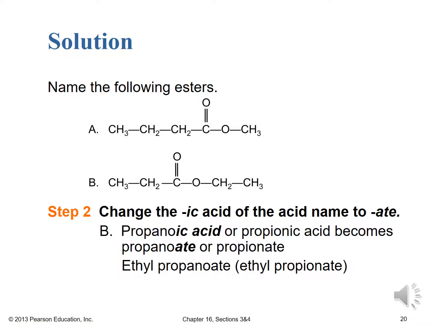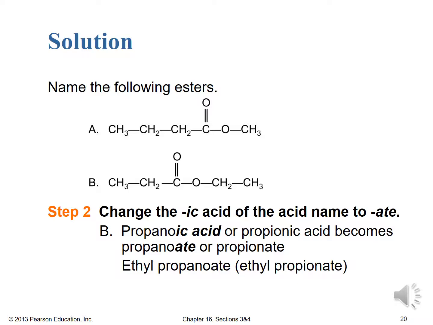For B, that's a 3-carbon carboxylic acid that went into forming this ester. So that would be propanoic acid, or propionic acid becomes propanoate or propionate. So we have ethyl propanoate by IUPAC nomenclature, or ethyl propionate by common naming.